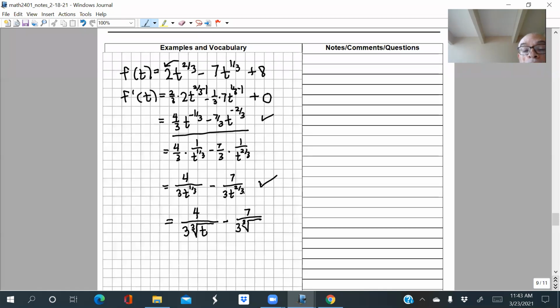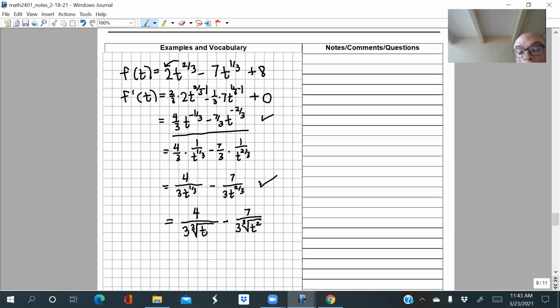The thirds here means that you're going to have cube root, and then the 2 stays as an exponent. So t to the 2/3 power means the cube root of t squared.